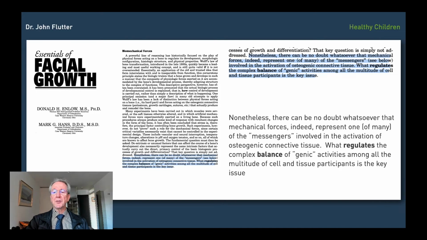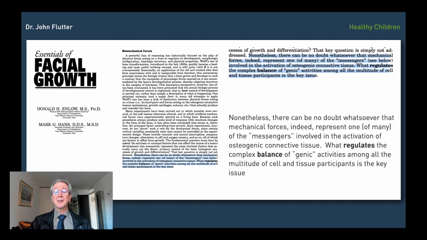But he goes on to say that there's no doubt whatsoever that mechanical forces represent one of the many of these messengers involving signals, these epigenetic signals that activate osteogenic connective tissue.